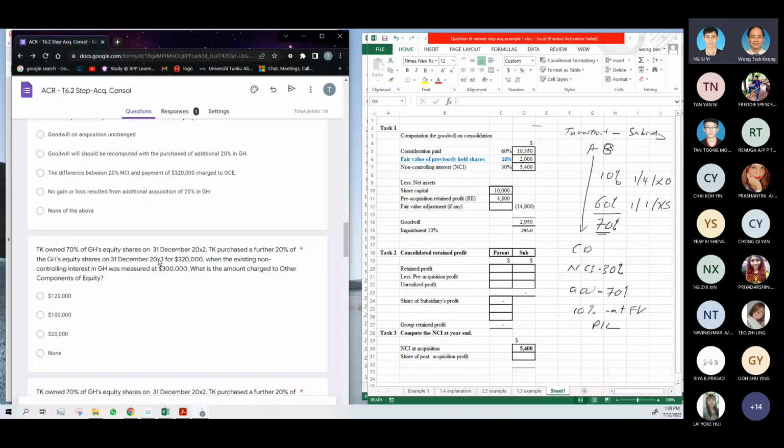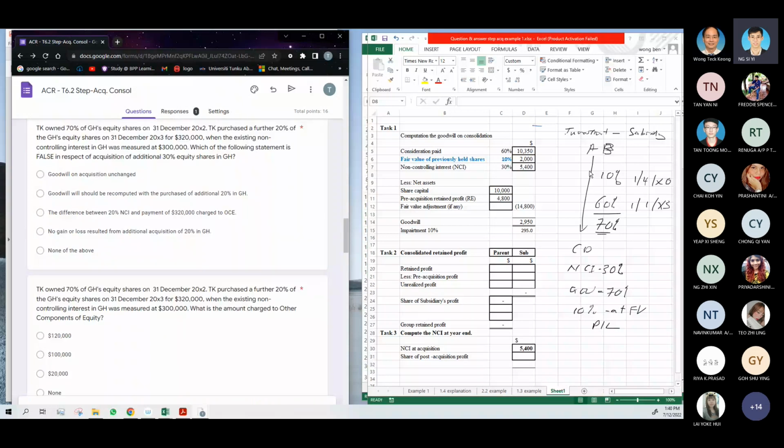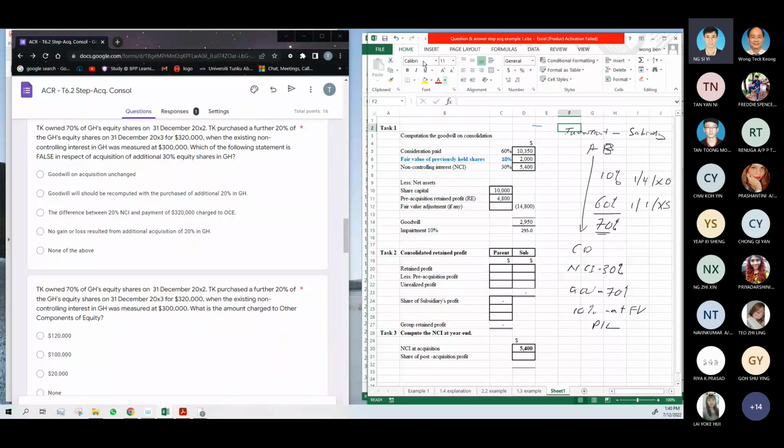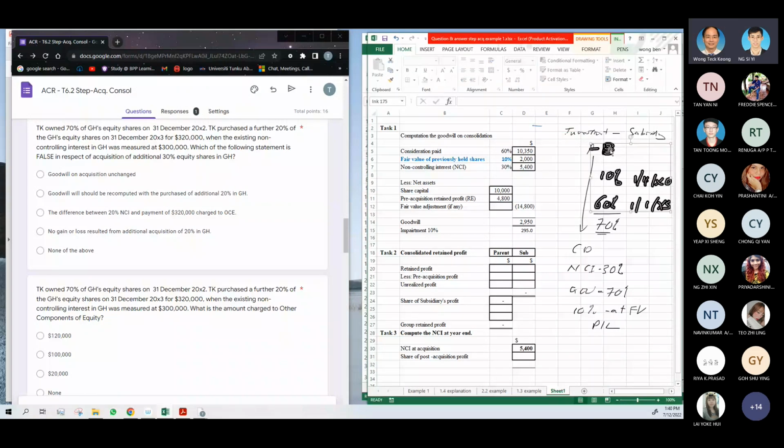Okay, now this one. First, you ask yourself, is this a subsidiary or investment to subsidiary or associate to subsidiary? Okay, you read out the question first.